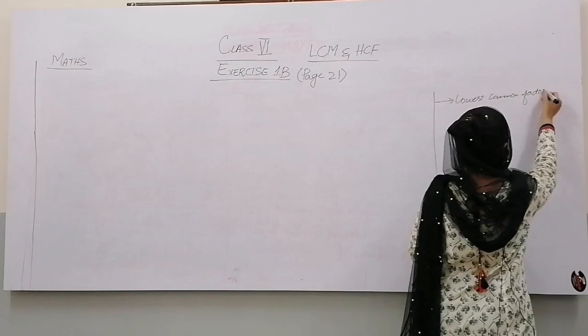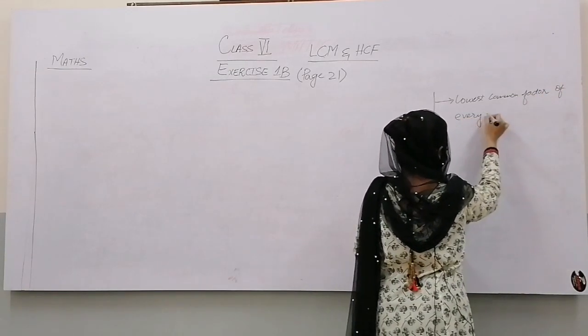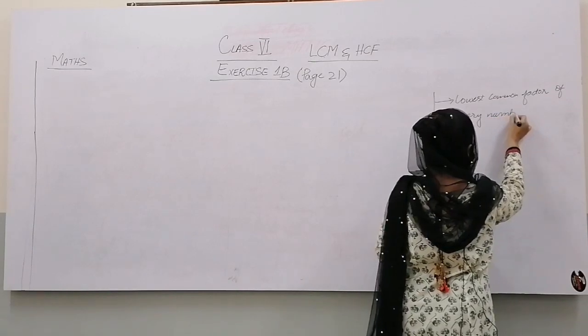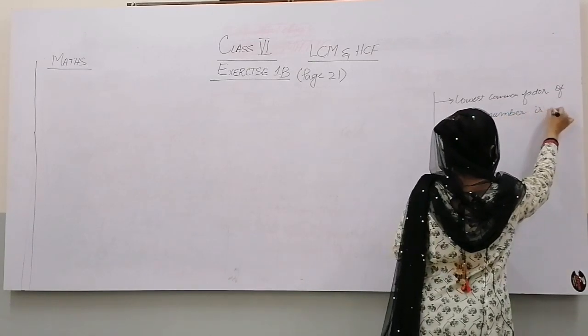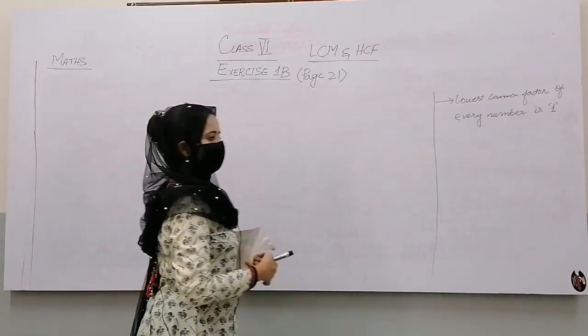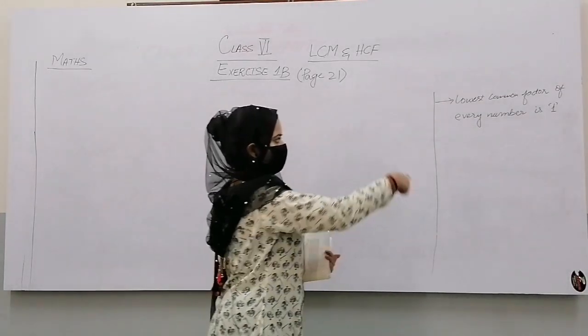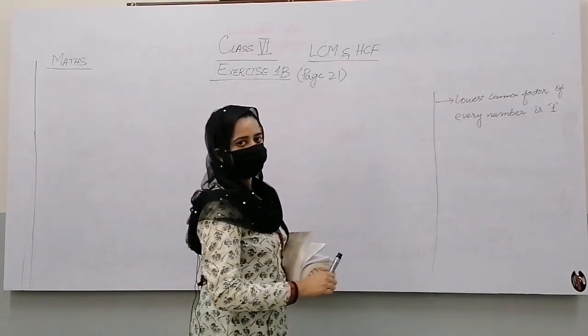Lowest common factor of every number is always 1. So there is nothing about lowest common factor. That's why we only talk about highest common factor, not the lowest common factor, because lowest common factor of every number is 1.